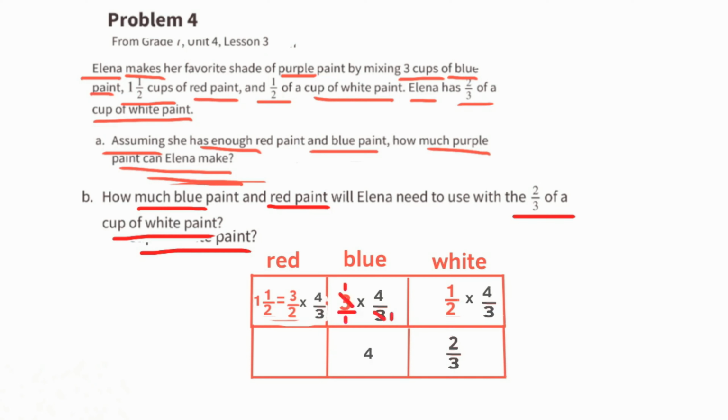That's 12/3 cups, or 4 cups of blue paint. And the red paint is 3/2 times 4/3. That's 12/6, or 2 cups of red paint. If Elena were to use the 2/3 cup of white paint, then Elena would need 4 cups of blue paint and 2 cups of red paint.